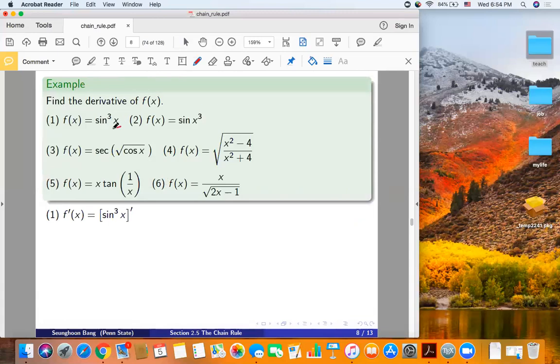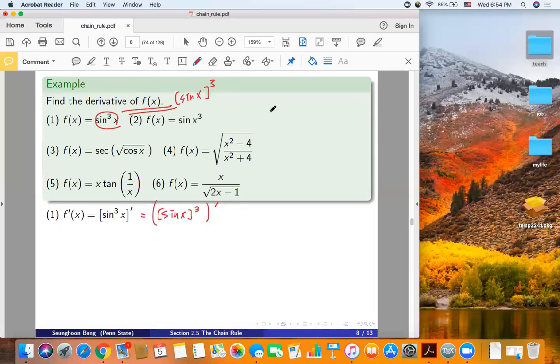This is exactly the same as sine of x, whole thing cubed. You can change it. This is the same as sine of x cubed.